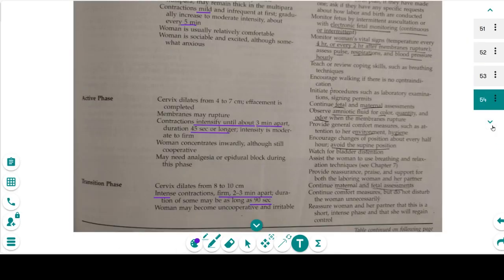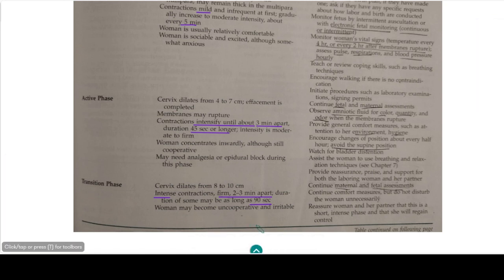All right, so they're not lasting quite as long. They're lasting shorter, and we're going to see them intensify, but I don't want it to last longer than 90 seconds. But if it's lasting 60 seconds, it's lasting for about a minute, right? The max is a minute and a half.